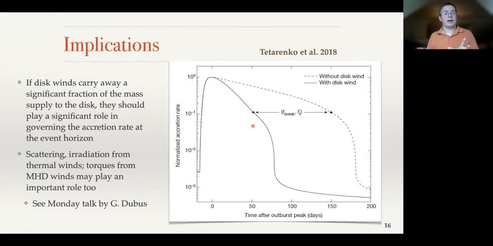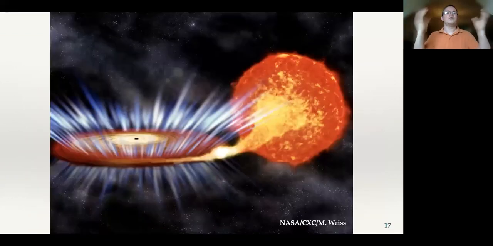I think the upshot is that whatever the exact mechanism is, these outflows are really behind the scenes shaping the outbursts that we see from accreting black holes. So I think they're worthy of detailed consideration. So this is a picture that I think illustrates the state of what we know.